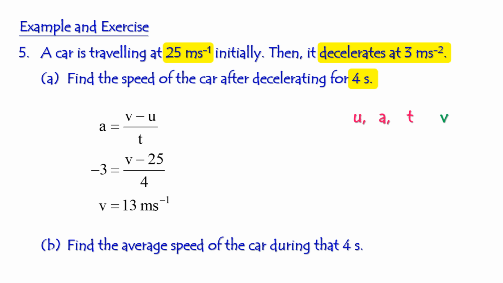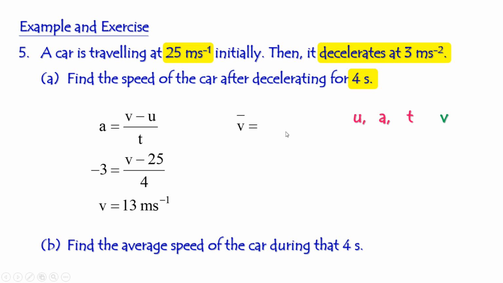Is it okay? So the initial speed of the car is 25, and after 4 seconds, it has changed to 13 because it is slowing down. It decelerates, right? And then can you find out the average speed of the car during those 4 seconds? So how do we find the average? It is the initial and the final. Then I can teach you a new equation.